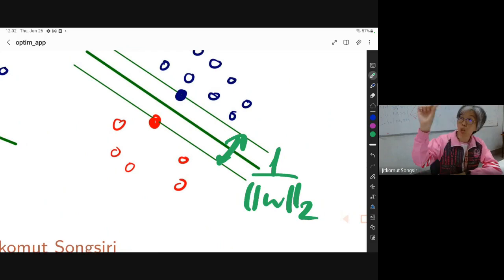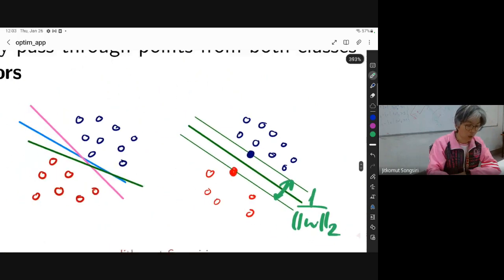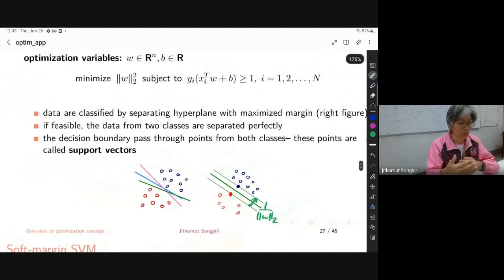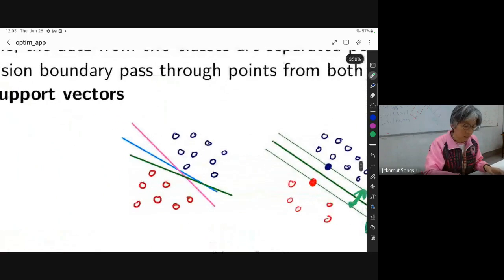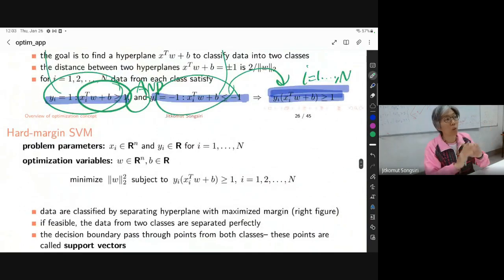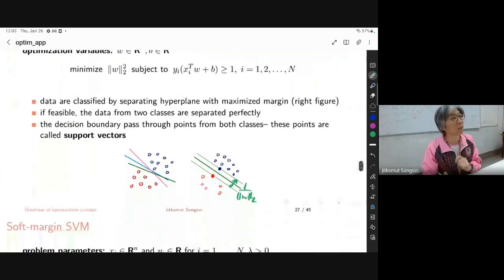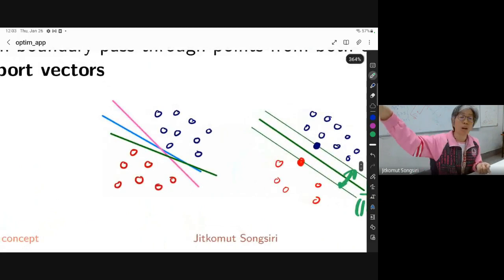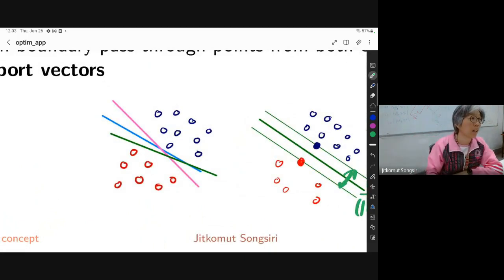The tube between the two hyperplanes is proportional to the inverse of the norm of the normal vector. If you put only the purple constraints without worrying about anything else, this is a feasibility problem. This is the language of optimization: find any hyperplane, like the pink one, the green one, the blue one, anyone that can separate the data set.